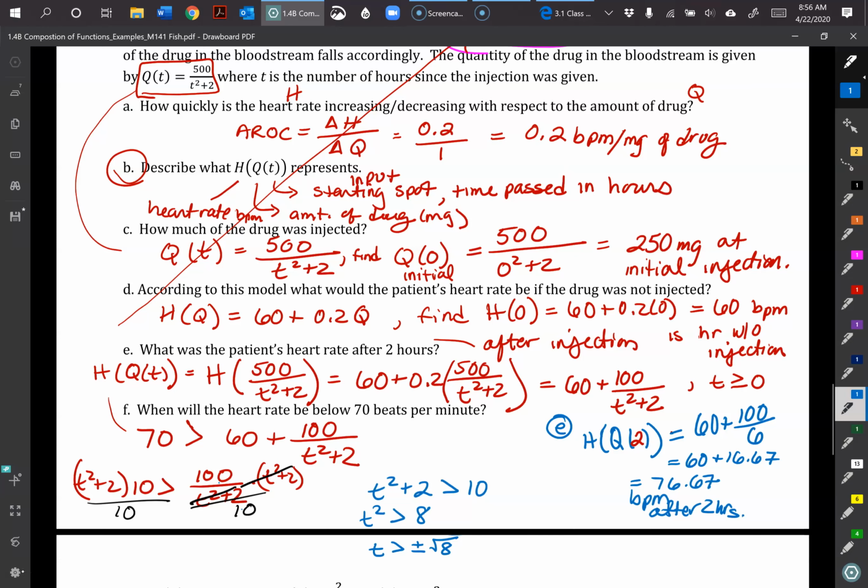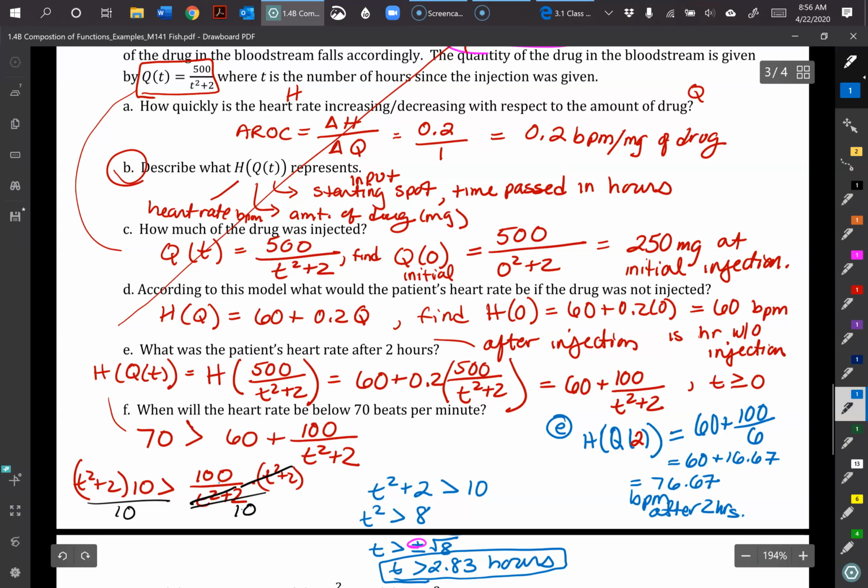And again, we only want positive values. So once we crunch that out, we can find the square root of 8, and we're just going to take the positive. I'm going to make a little note: only want positive. So T is going to be greater than 2.83 hours to keep the heart rate below 70 beats per minute.